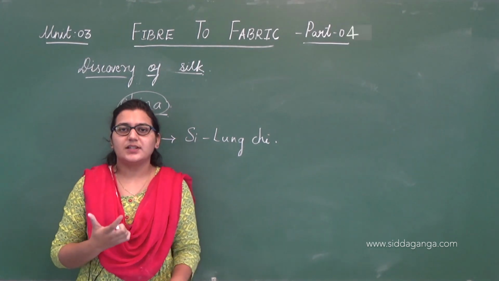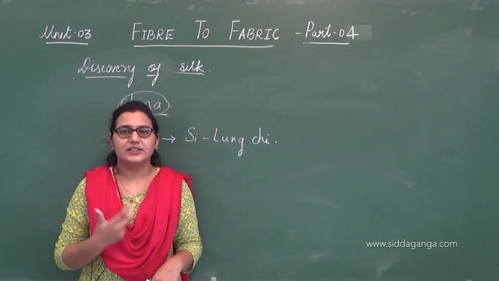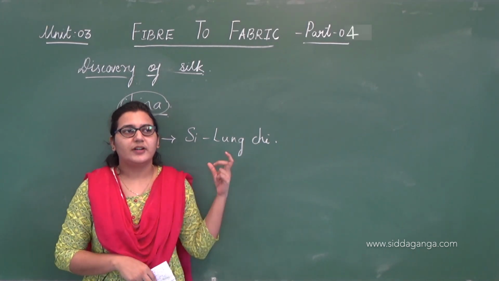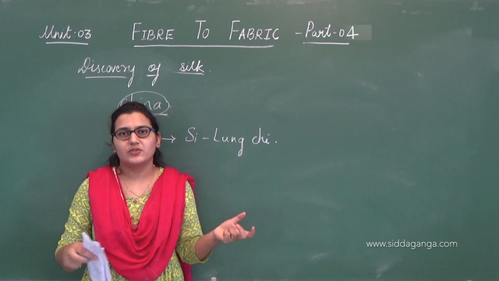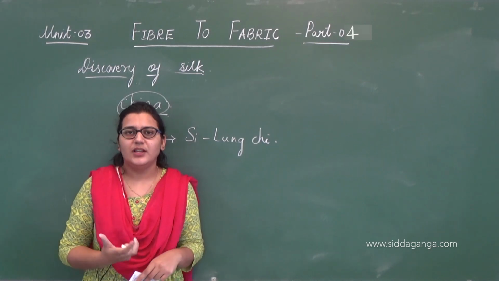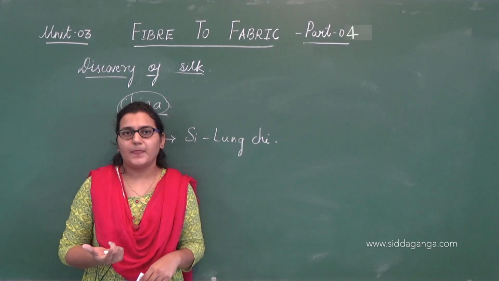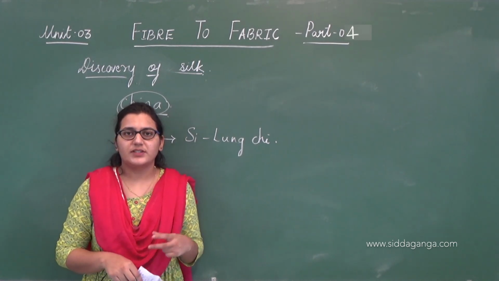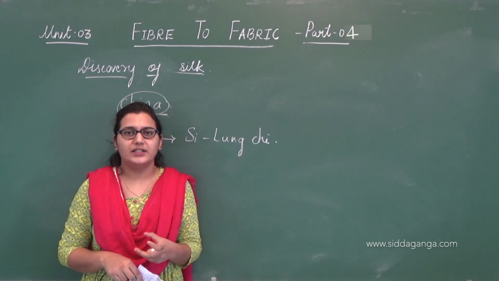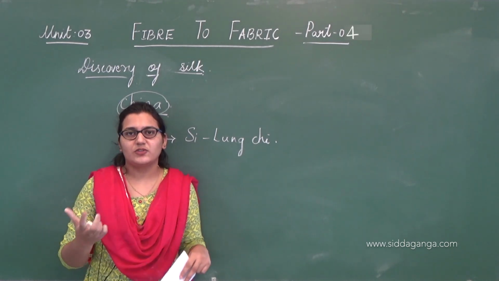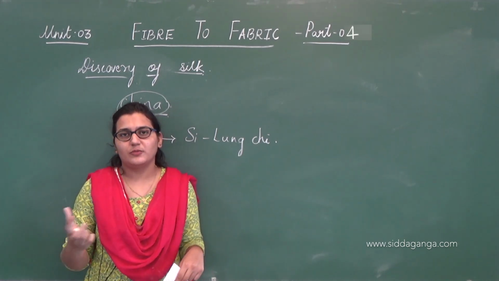So this is about the silk, and with this the chapter Fiber to Fabric comes to an end. In this chapter we have studied only the natural fibers. What are these natural fibers? We studied wool and silk, right?